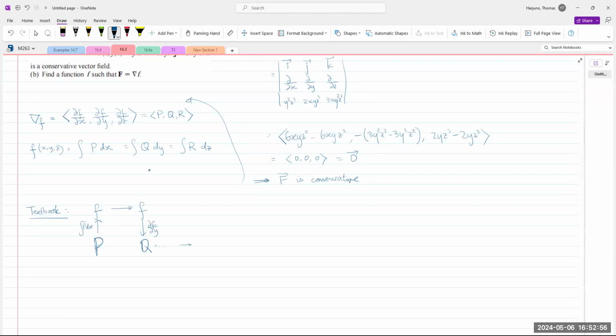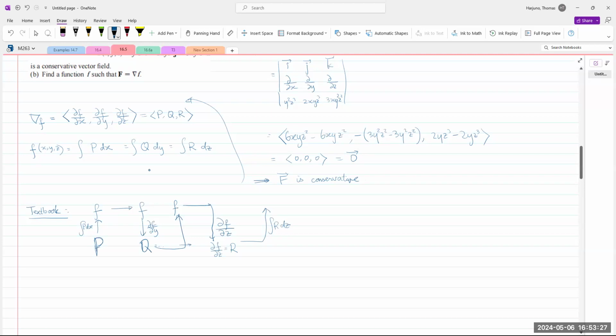And then after that, I integrate that again to get a more complete view of f, which I will do the partial with respect to z, and match it with r, and then from there I will integrate that again. Integrate r with respect to z.